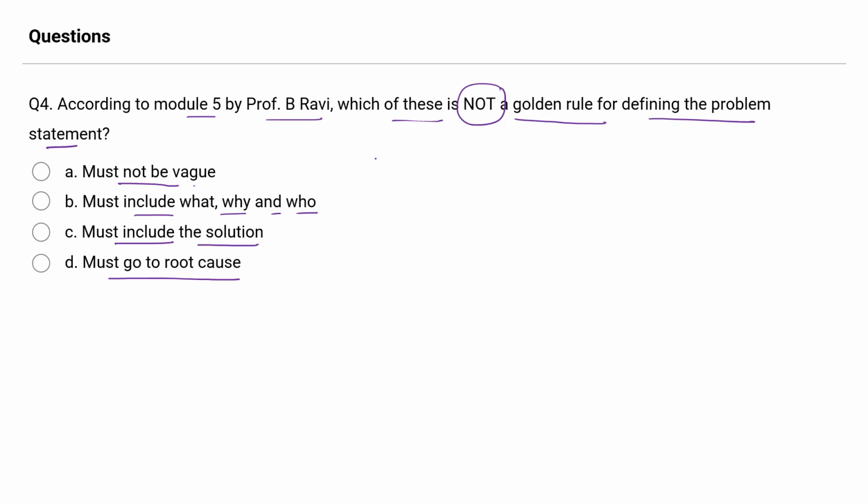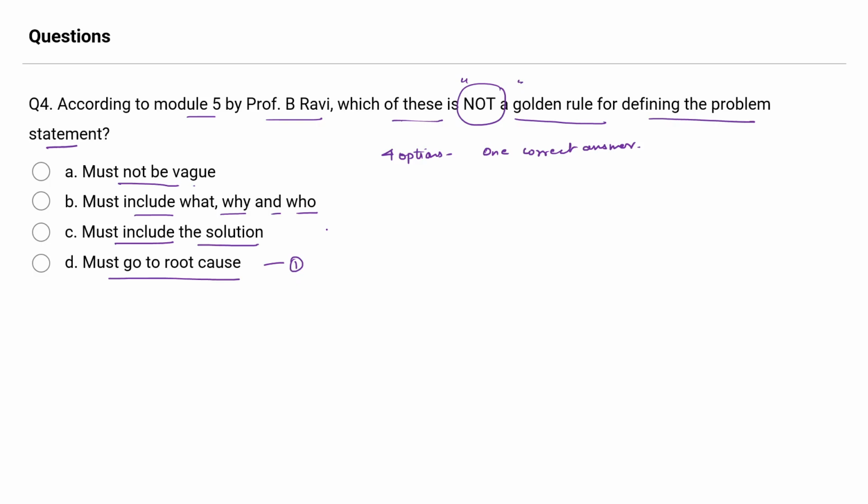You have four options, and you have to tell which one is correct, because there is only one correct answer in this. Which of these is not a golden rule? You've got one vote for must go to the root cause.